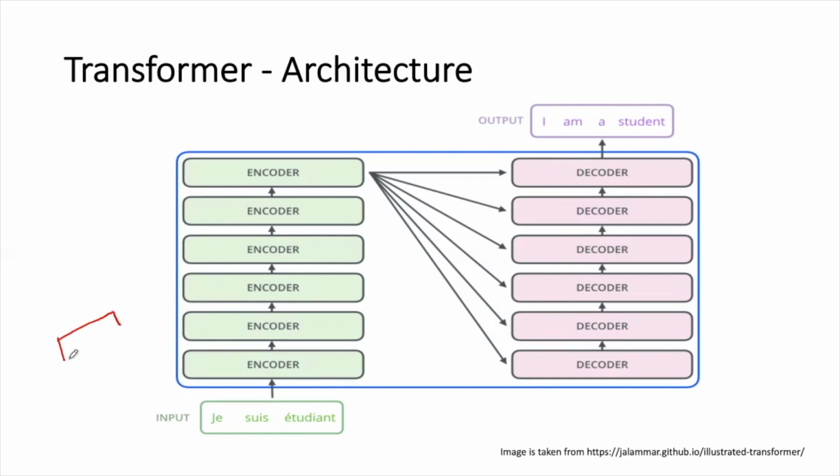What the first encoder block does is generate three vectors representing each of these words. These three are input vectors, and output vectors are transformed vectors generated for each of these words. So if we have three input words, we will have three output vectors. That's how typically an encoder works.